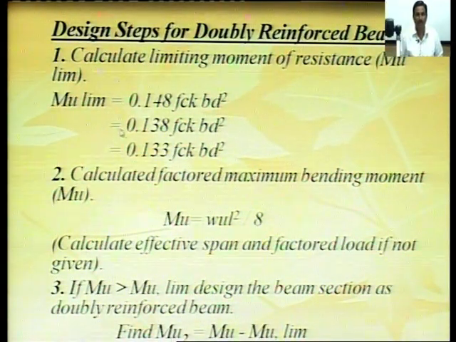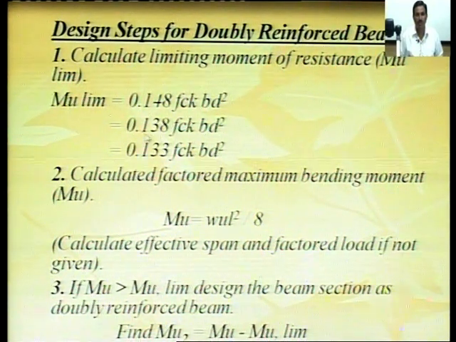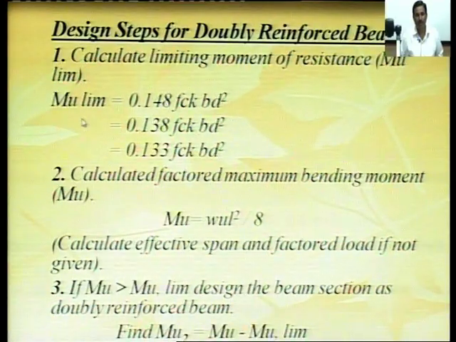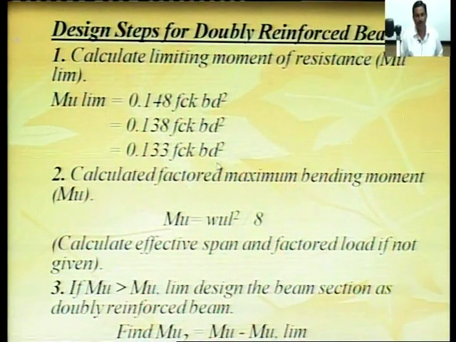It is 0.138 fck bd square for Fe415 steel, and 0.133 fck bd square for Fe500 steel. So, first step, calculate the limiting moment of resistance.